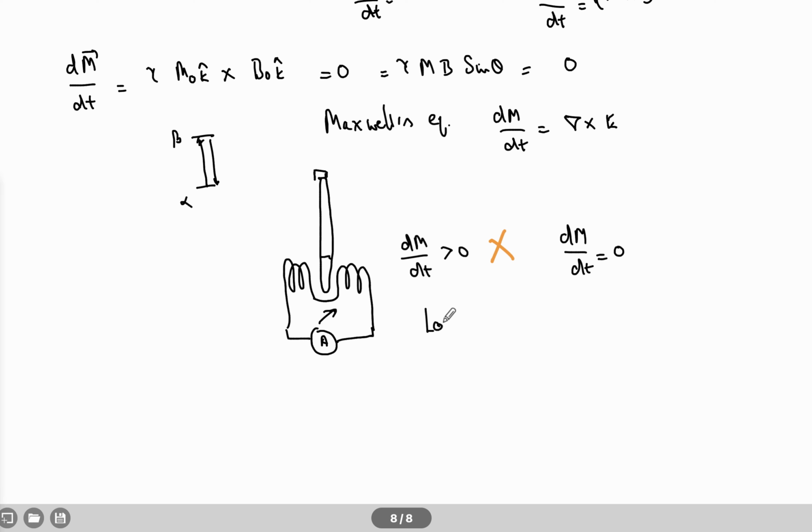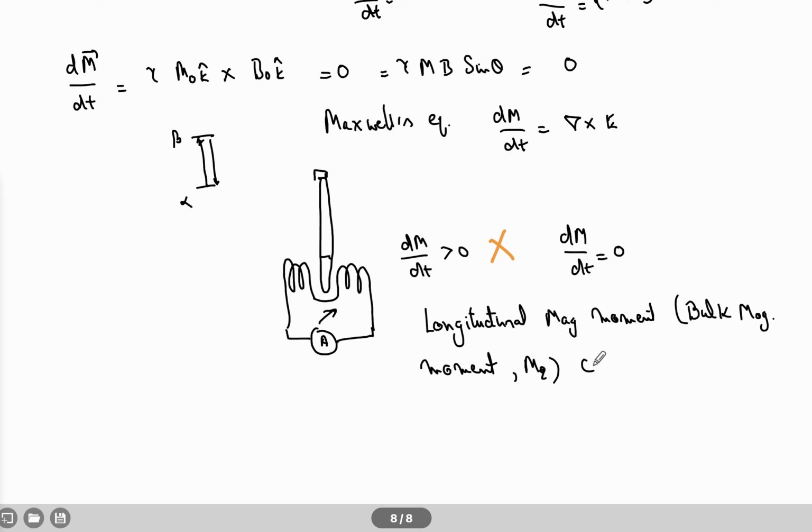So we'll write: the longitudinal magnetic moment, or the bulk magnetic moment, or M0 or Mz, let's say, cannot be detected.